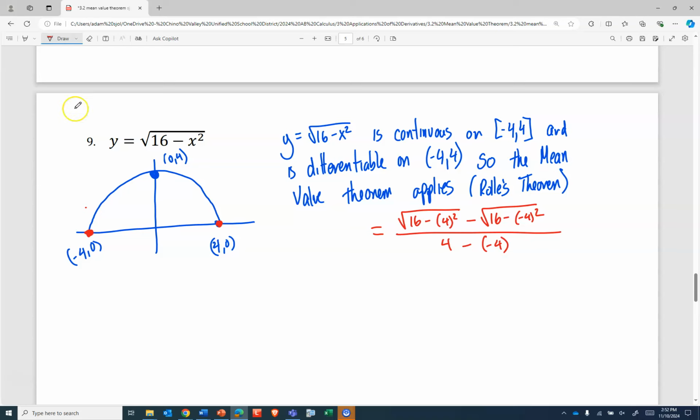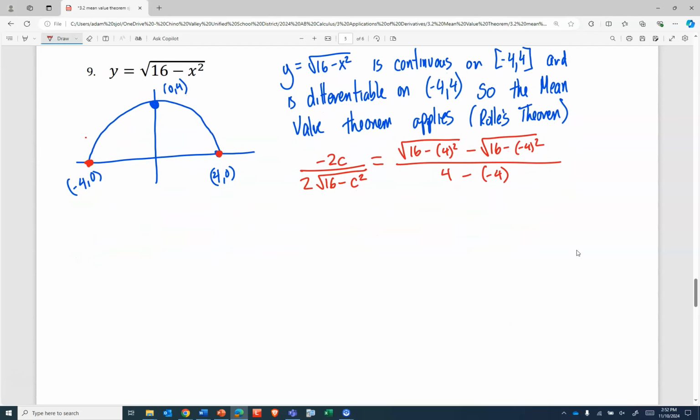And what goes on the left? Why is this flashing? I don't know. What goes on the left? The derivative of the square root of 16 minus x squared, except we're going to throw in a c. So that would be 1 over 2 times the square root of 16 minus c squared, chain rule, times negative 2c. Okay.